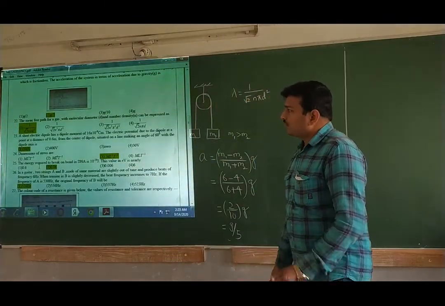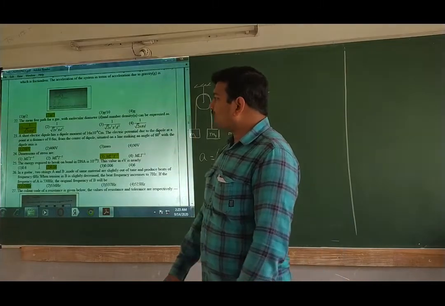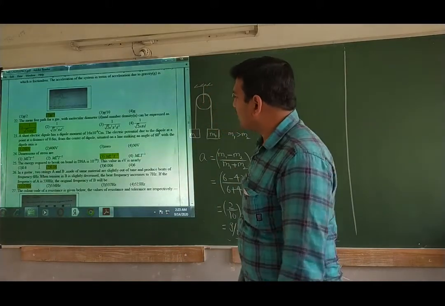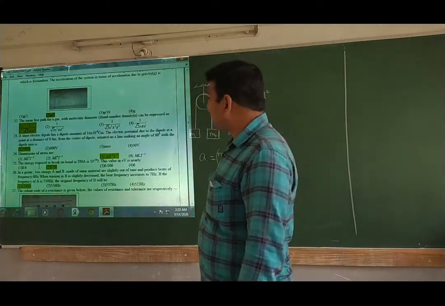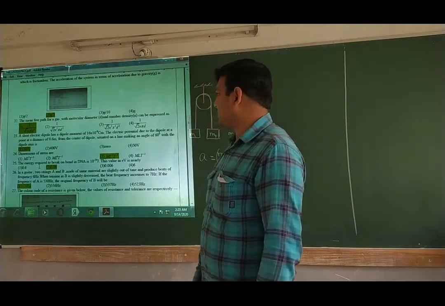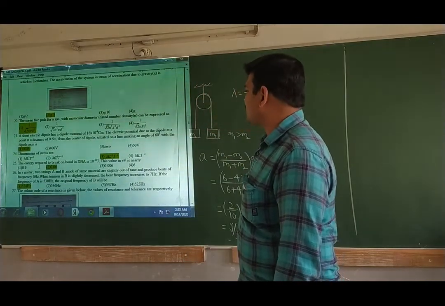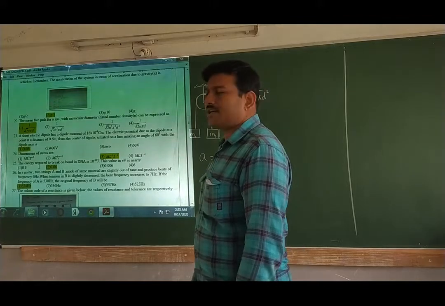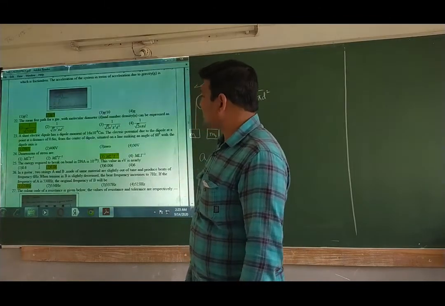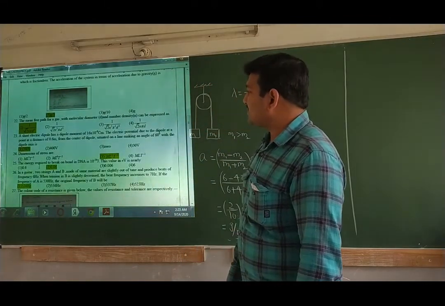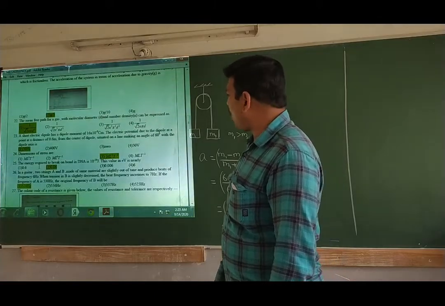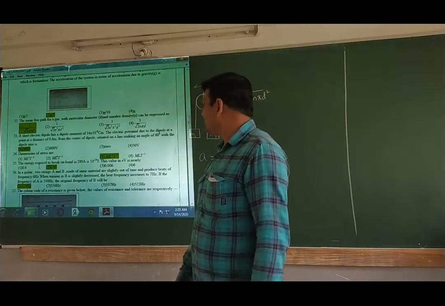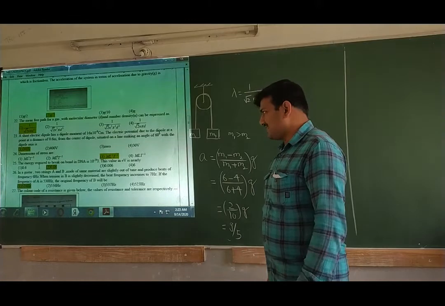Next, 23rd. A short electric dipole has a dipole moment of 16 into 10 to the power of minus 9 Coulomb meter. The electric potential due to the dipole at a point at a distance of 0.6 meter from the center of the dipole, situated on a line making an angle of 60 degrees with the dipole axis, is?